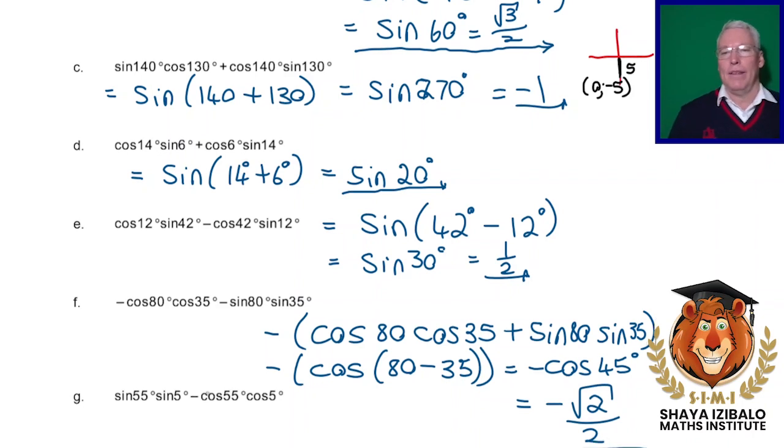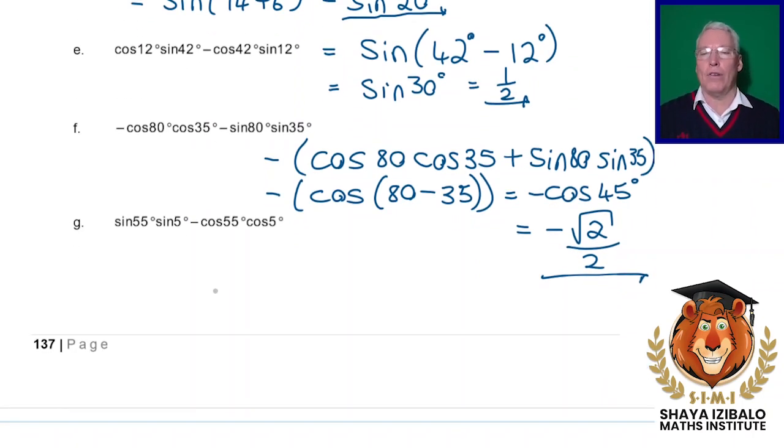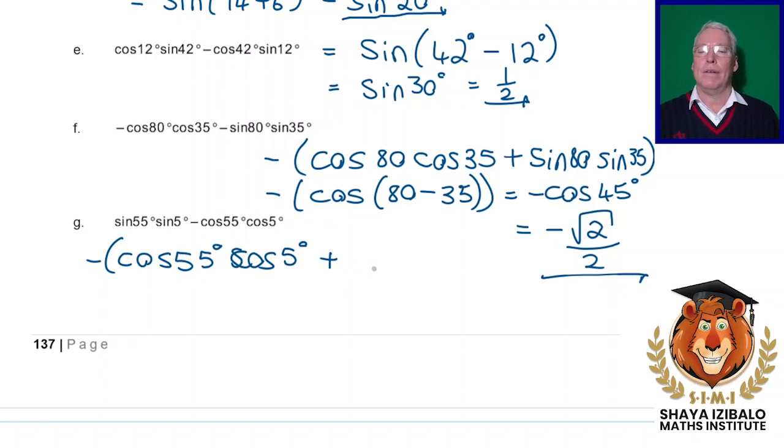Okay, and then the last one, this one has got sine, sine, and cos, cos. Now it's got a negative there. Our cos one actually starts with the coses. So let's take a negative out. Now it's going to be cos 55, cos 5, minus sine 55, sine 5, because we're factoring out a minus.